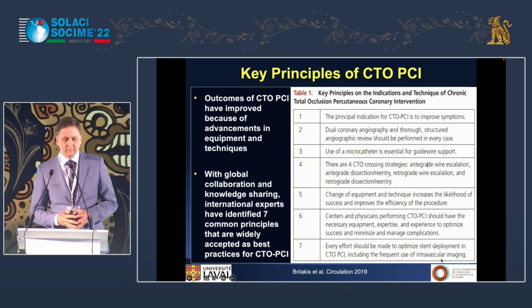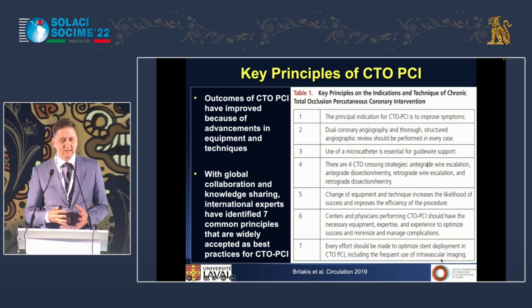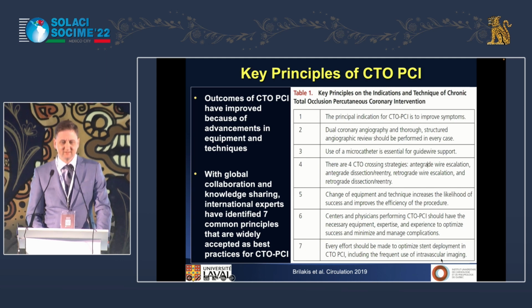With global collaboration and knowledge sharing, international experts have identified 7 common principles that are widely accepted as best practices for CTO PCI. The first principle is that the principal indication for CTO PCI is to improve symptoms.